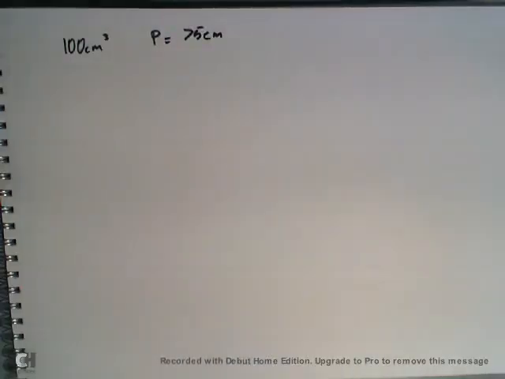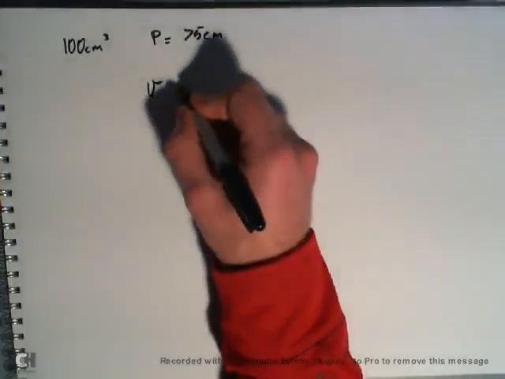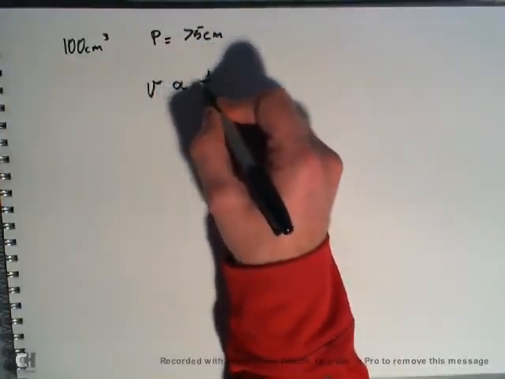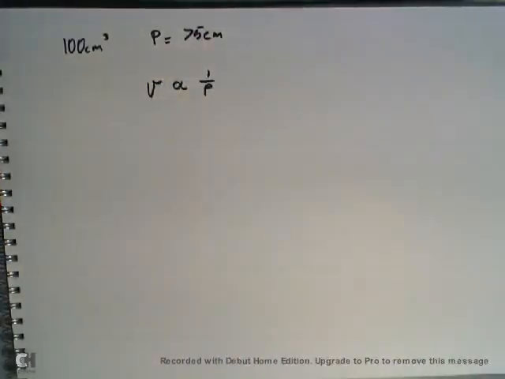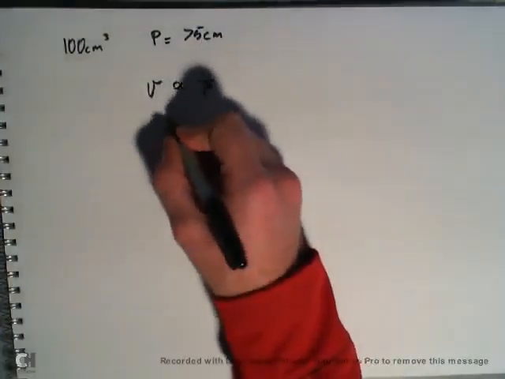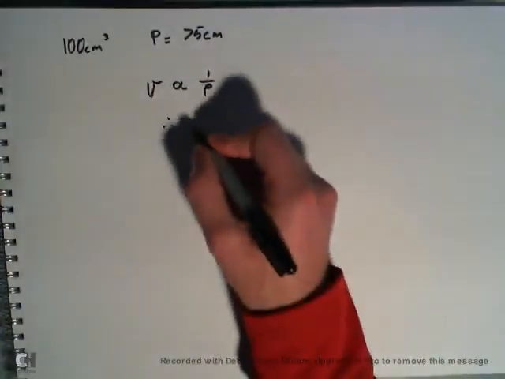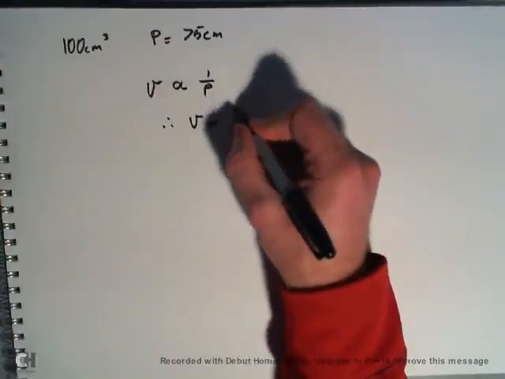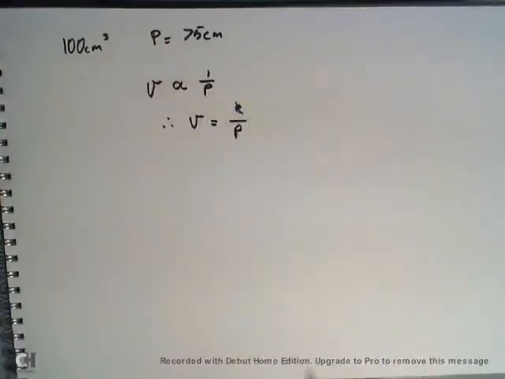So again, let's start with our inverse proportion relation. Our volume is inversely proportional to our pressure. Therefore we can say that V equals k over P, where k is some constant.